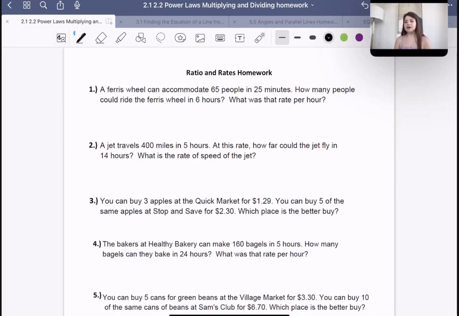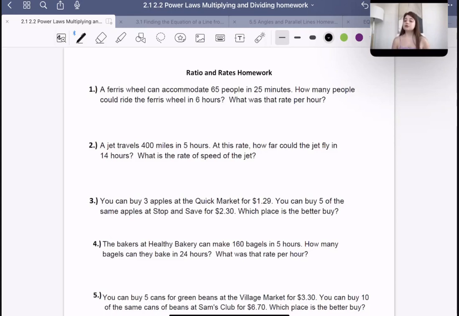So we have to switch that to 6 hours. So 6 hours is how many minutes, is my first question. Well, 6 hours times 60 minutes in 1 hour would be 360 minutes. And the thing is, that does not evenly divide 25, so it's not going to be that simple.